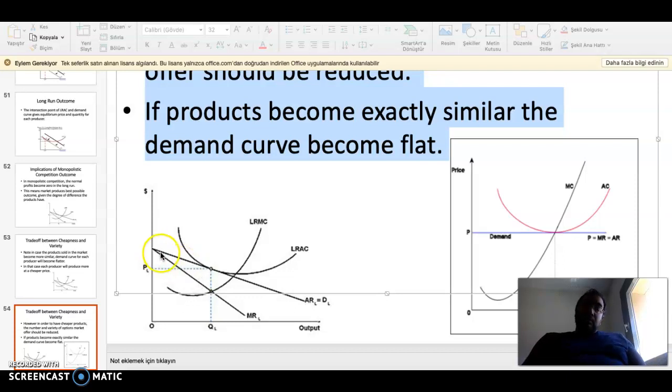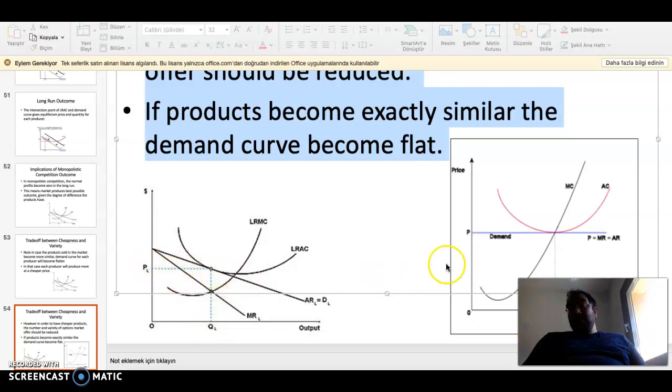So from the perception of the people, as the goods sold by different producers become more similar, more substitutable, the demand curve will become flatter, and that will increase the quantity and decrease the price.